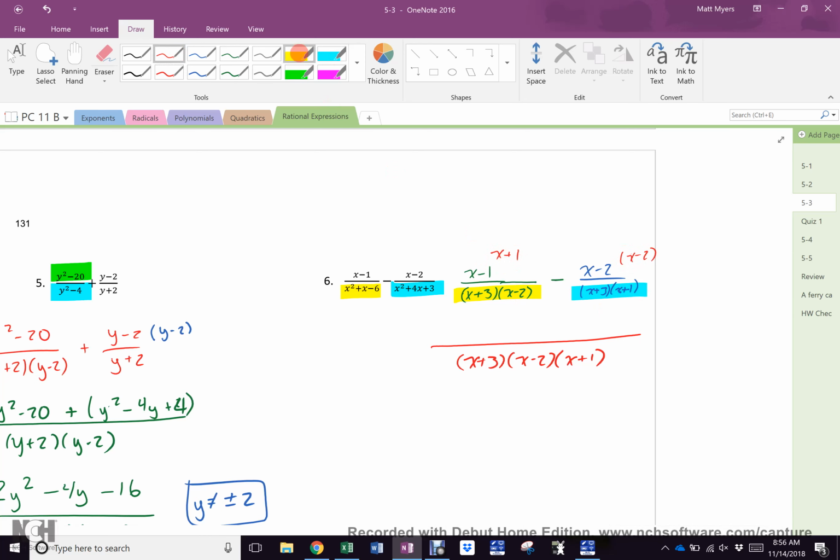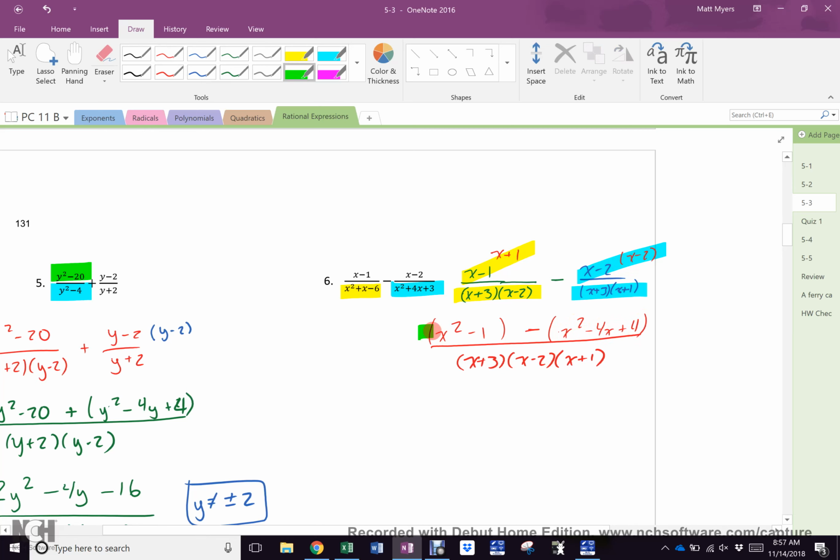What should I do here and here? Multiply. What's x minus 1 times x plus 1? X squared minus 1. Minus, what's this one? X squared minus 4x plus 4.